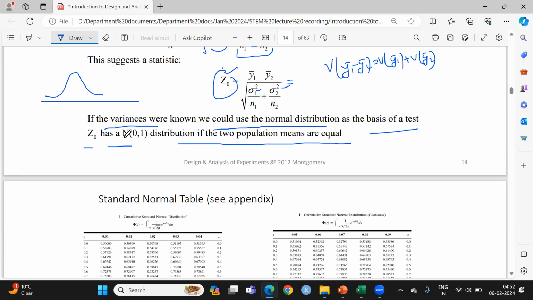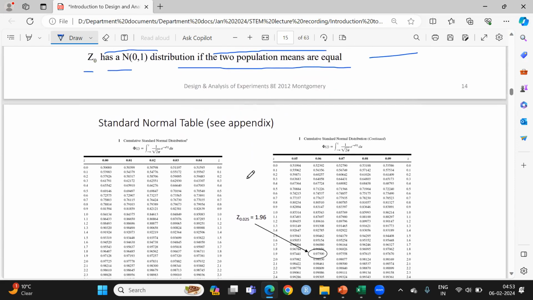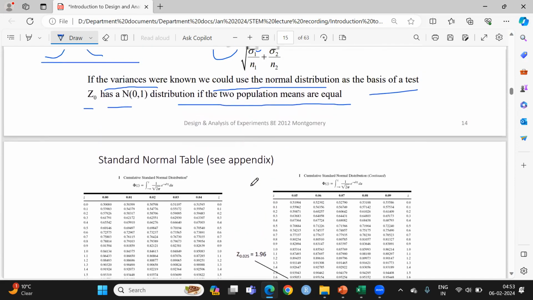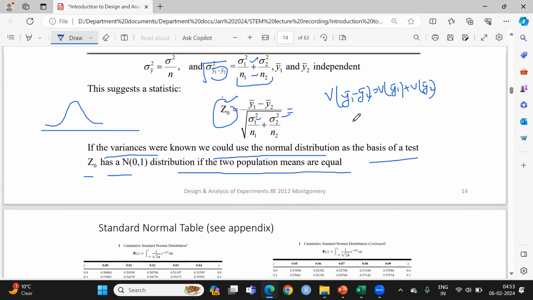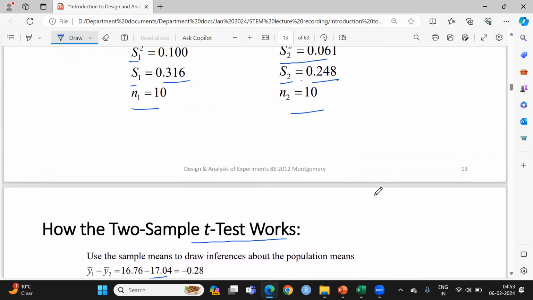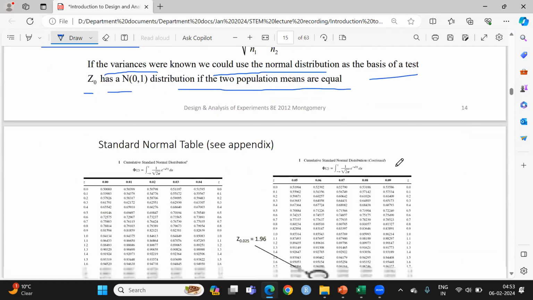For that, we have statistical tables with us, and we will observe the value of this test, observe the value from here also, and we make a comparison between these two values. For example, generally we assume that we are considering a 5% level of significance. What is the purpose of the 5% level of significance? Let me tell you in 1 or 2 minutes.